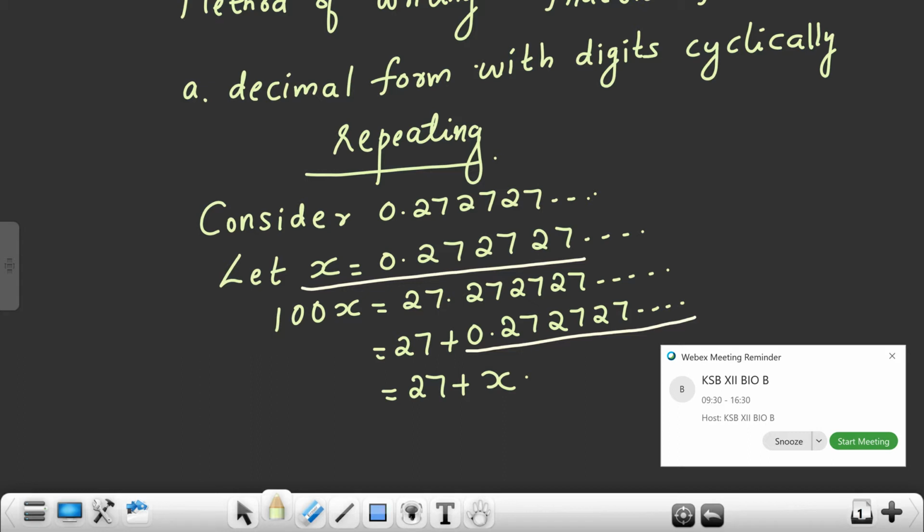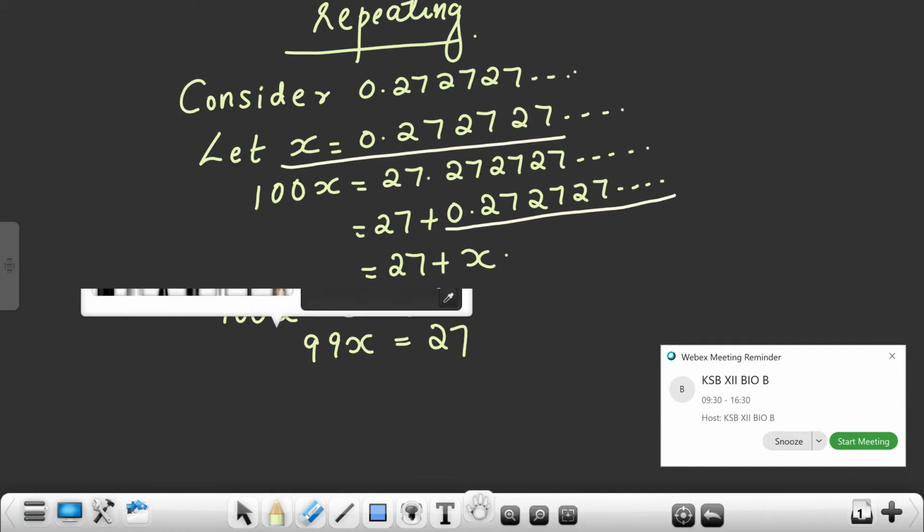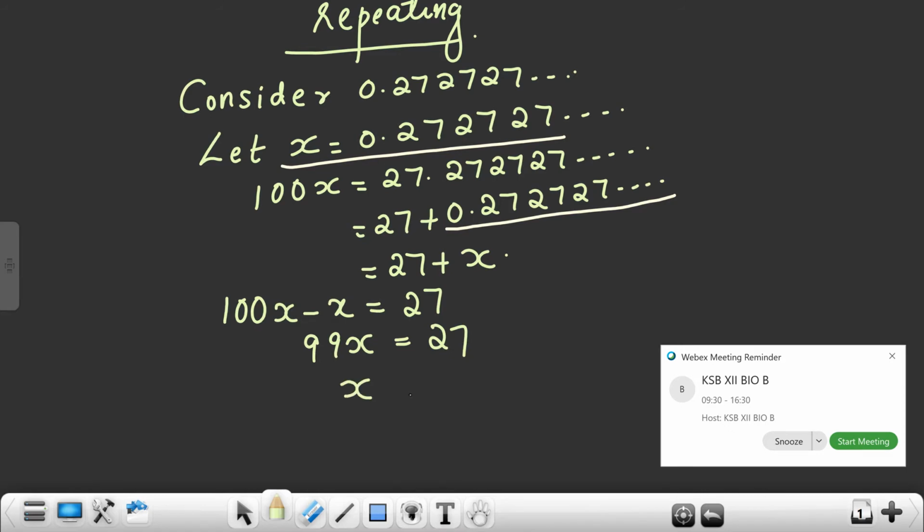Now find the value of x, that is 100x minus x is equal to 27, that is 99x is equal to 27. So x is equal to 27 by 99, that is 3 by 11.